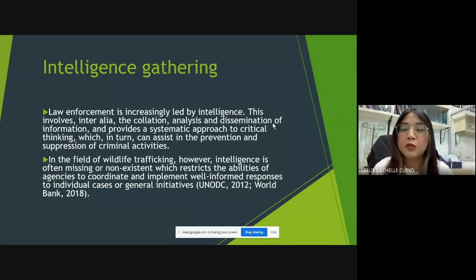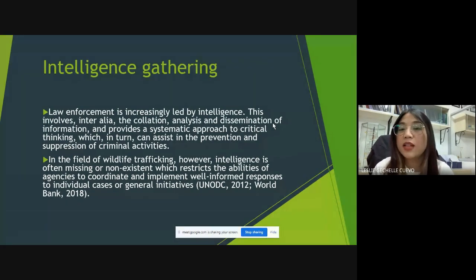So you have to have the intelligence, the processed information, in order for you to plan and go about paano mo sasagawa yung operation mo. This involves inter alia, the collation, analysis, and dissemination of information, and provides a systematic approach to critical thinking, which in turn can assist in the prevention and suppression of criminal activities.